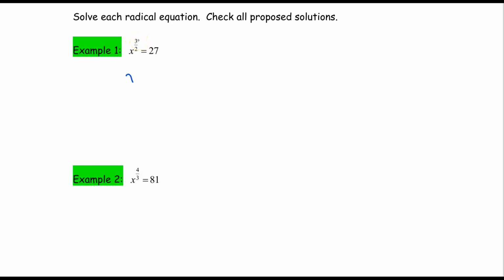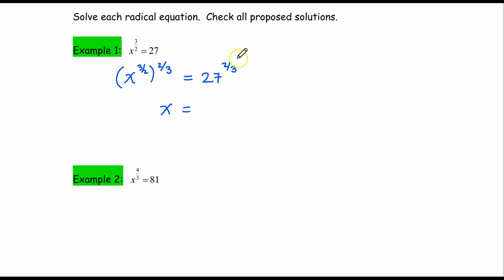So we have x to the 3/2 raised to 2/3, and we do the same thing on the other side, so we raise 27 as well to 2/3. Now this would just result in x because 3/2 times 2/3 is equal to 1.